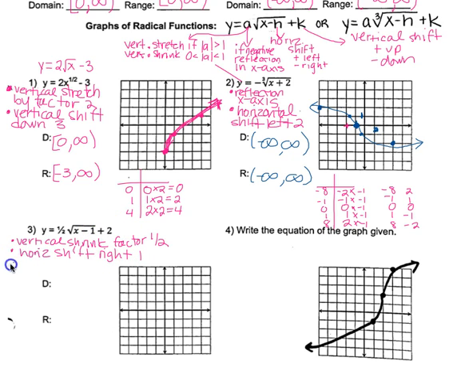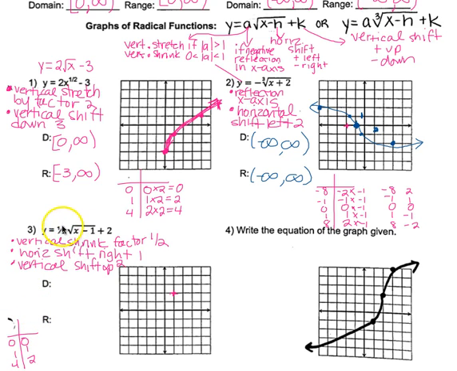This guy's outside, so that's a vertical shift. Since it's positive, it's going up 2. So right 1, up 2. This is going to be my start point right here. My parent pattern, because it's the square root, is just these 0, 0, 1, 1, 4, 2.